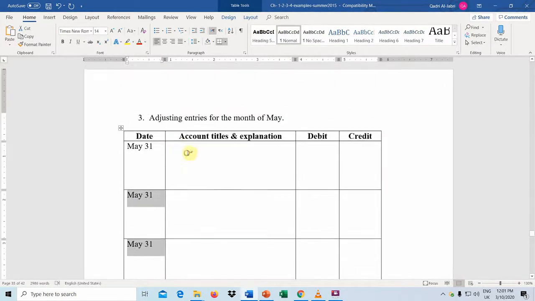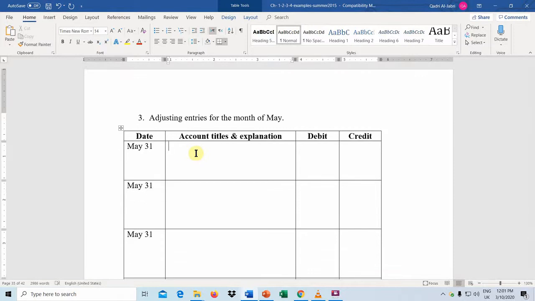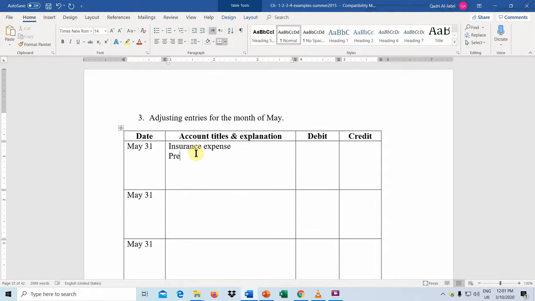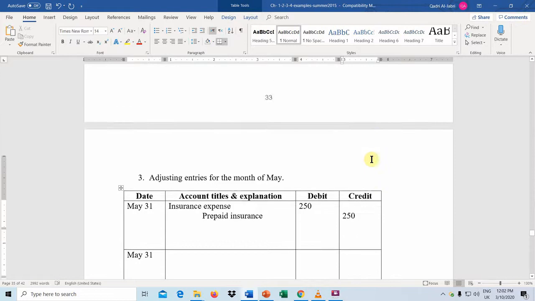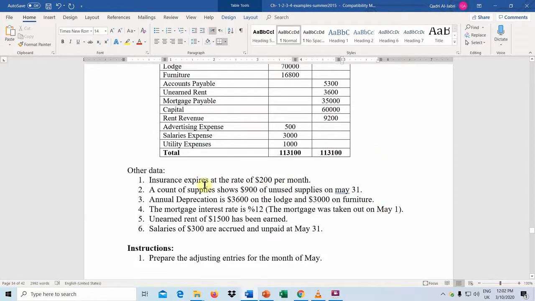So we're starting with insurance. We will debit insurance expense and credit prepaid insurance by 250, because simply the question said that the insurance per month will be 250.